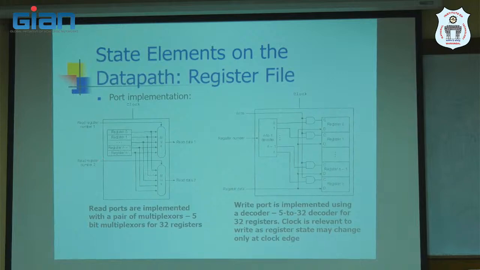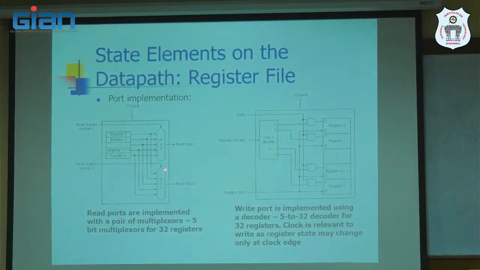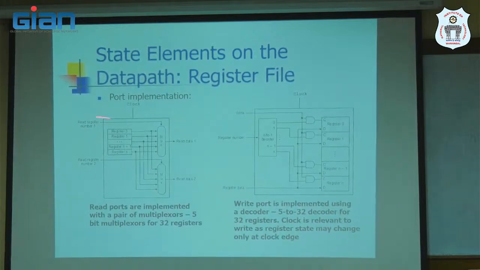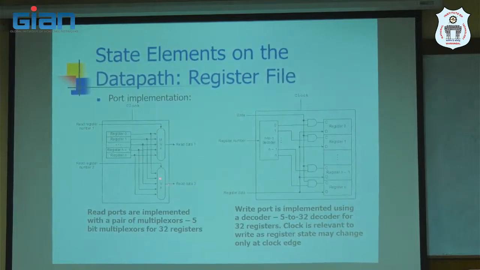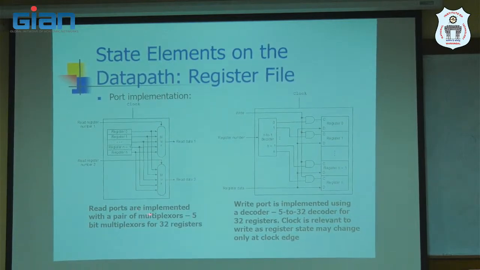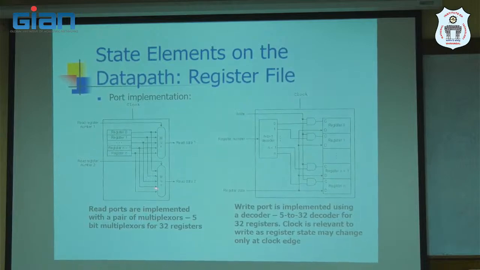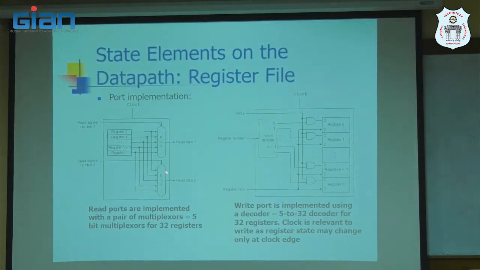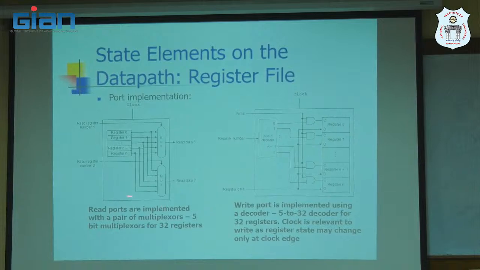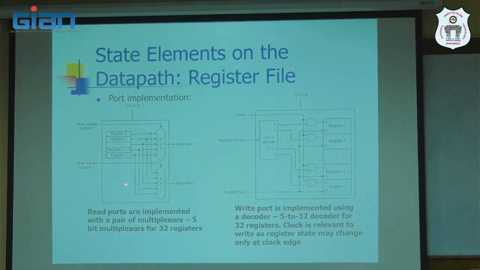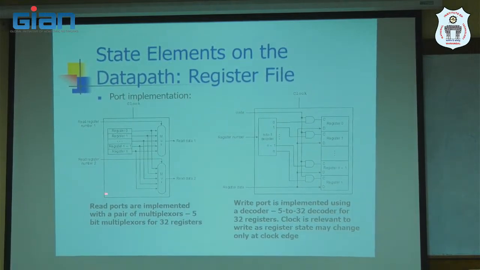Another read register, this is again the second read register data. Again the same 32 inputs, one more mux, a second multiplexer. Again each input is 32 bits, and the selection input of the second mux is again 5 bits.